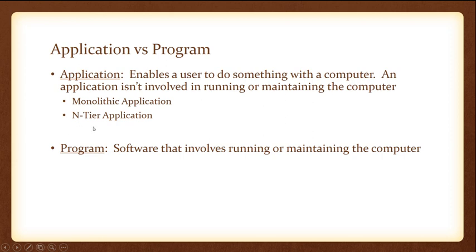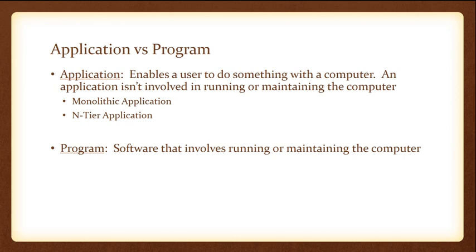Now, these are the two types of applications that we're going to talk about here, monolithic and n-tier. A monolithic application is an app that stores all software data on a single computer, and no internet access is needed. However, an n-tier application is an app that stores all software data on different servers, and the user connects via an internet browser.